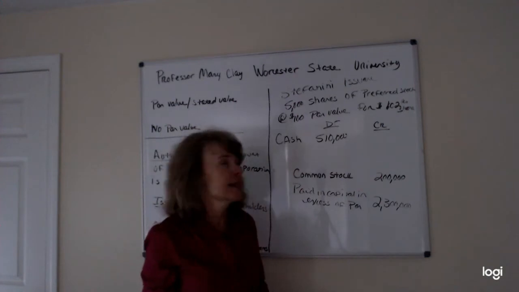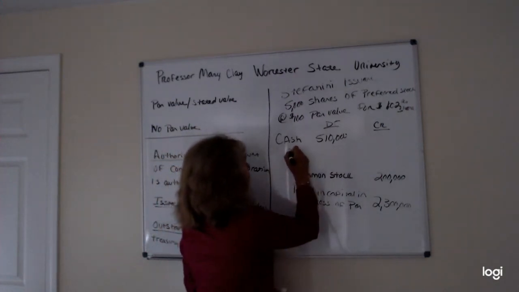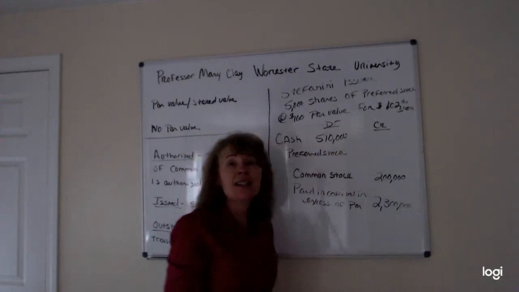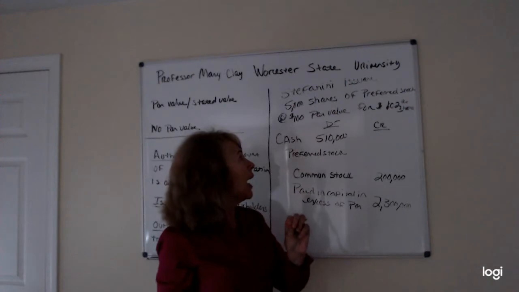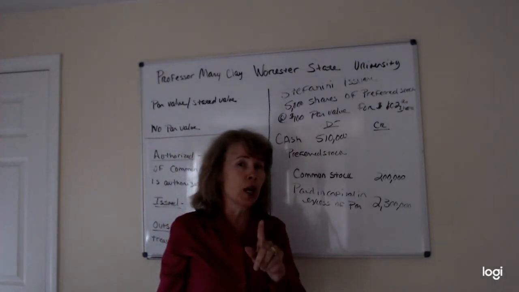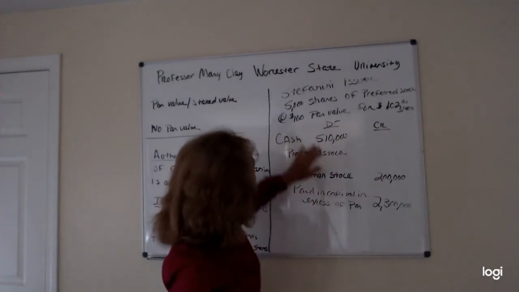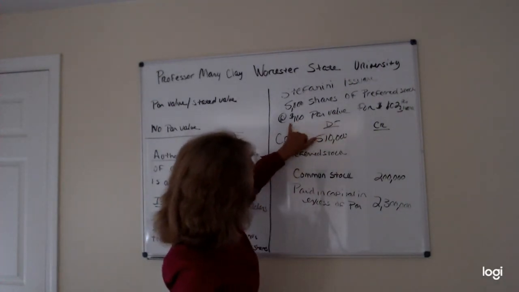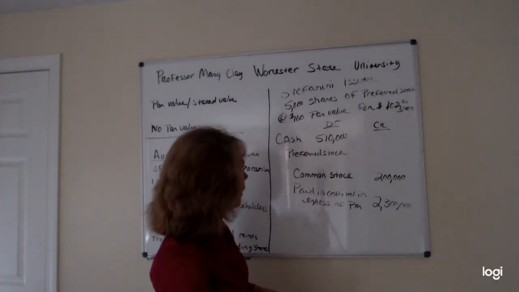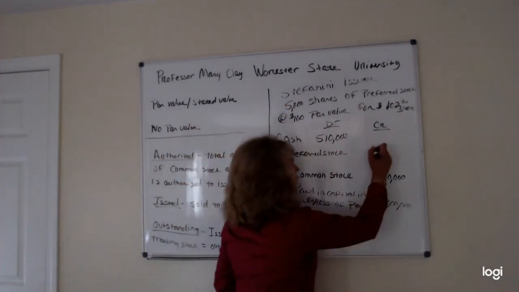All right, next thing. I'm going to credit preferred stock. Again, just like common, however, I need to find the par value associated with preferred stock only, so be careful. So I look, what's the preferred stock? It's $100 per share, 5,000 times 100, so my preferred stock is 500,000.